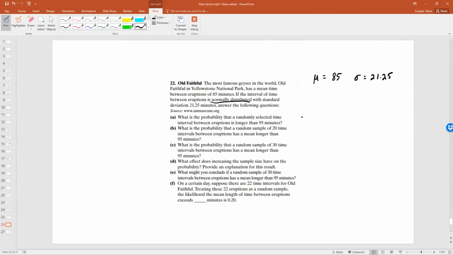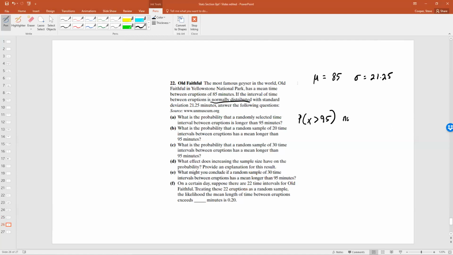What's the probability a randomly selected time interval between eruptions is longer than 95 minutes? So here, this is just a flat out P of x being greater than 95. And since they told us this was normally distributed, I can either convert it to a z-score or I can use normal CDF.